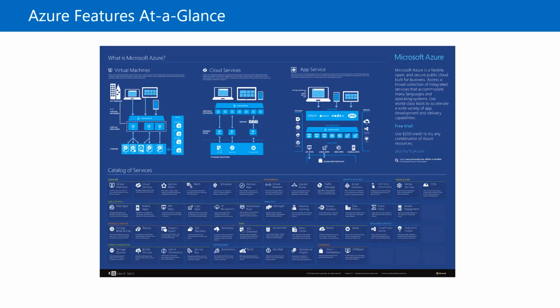If you wanted to have an HDInsight Hadoop cluster running for advanced machine learning, I'm talking about big words here, you had only the option of AWS, right? Well, today, folks, that's no longer the case. That's why I have this slide to show you that we have features at a glance. Today, we can have maybe not the same exact experience, but we can have the same exact result. That's the gist of it.